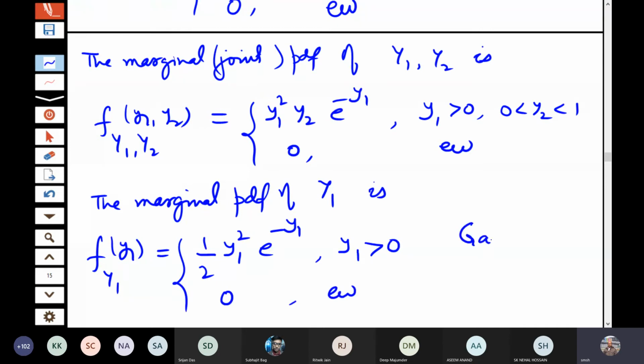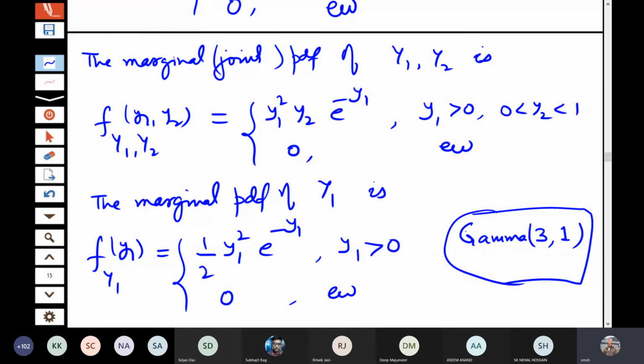Which is of course gamma distribution with parameter r equal to 3 and lambda equal to 1. Okay, because the sum of independent exponentials with the same lambda is the gamma r lambda that we have done earlier in the last class. Is that okay?